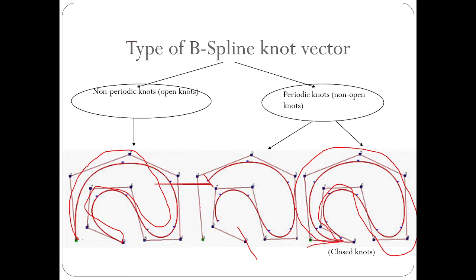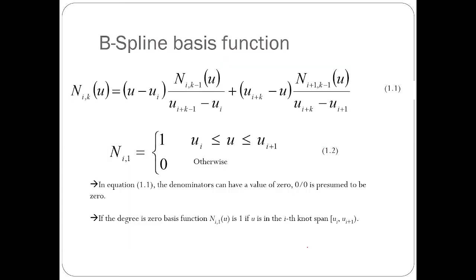So these are the types of B-splines: the non-periodic knots, and the periodic knots.